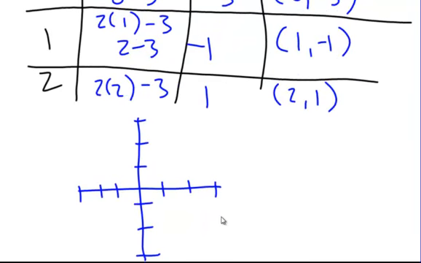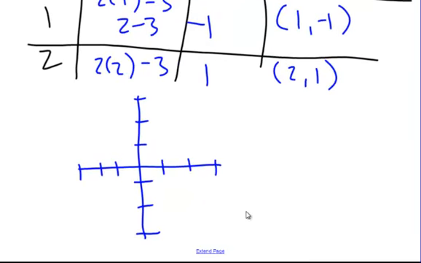So I have 0, negative 3 right here, 1, negative 1 right here, and 2, 1 right here. And it makes a nice line. And again, that's linear because it's in a straight line. Or if I drew it right, it'd be in a straight line.